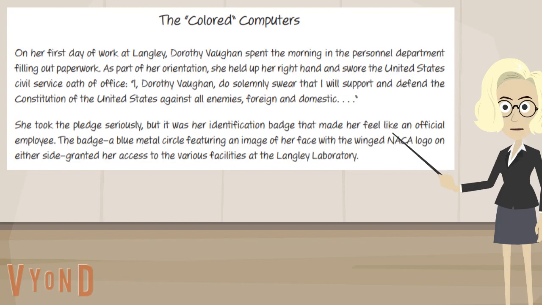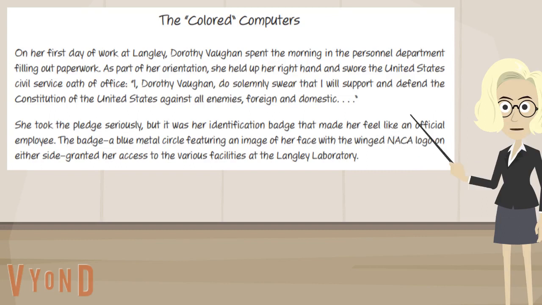The colored computers. On her first day of work at Langley, Dorothy Vaughan spent the morning in the personnel department filling out paperwork. As part of her orientation, she held up her right hand and swore the United States Civil Service oath of office. I, Dorothy Vaughan, do solemnly swear that I will support and defend the Constitution of the United States against all enemies, foreign and domestic.